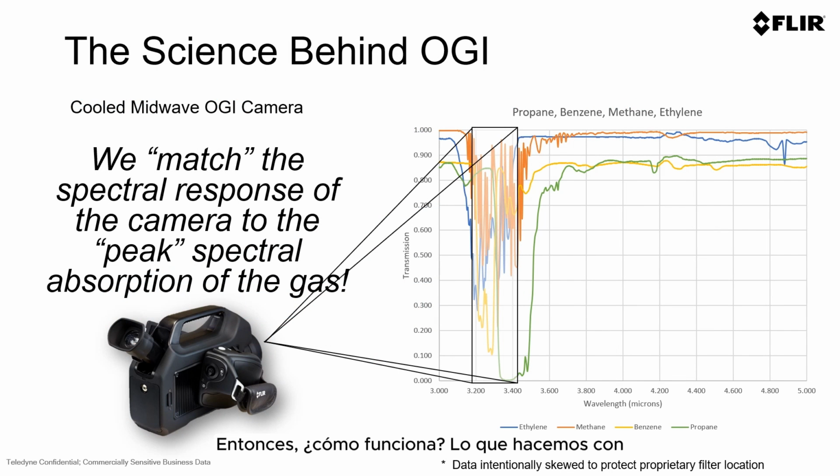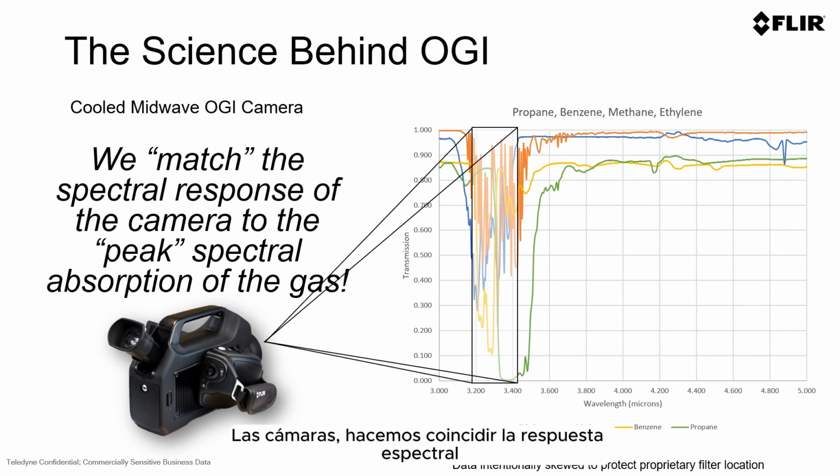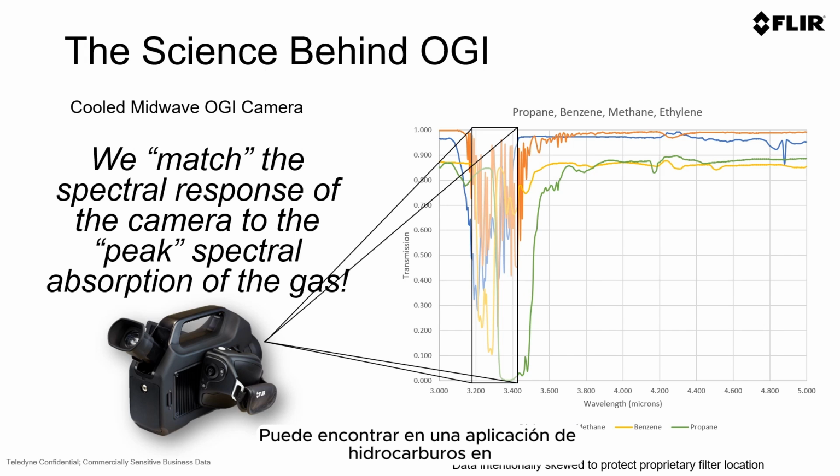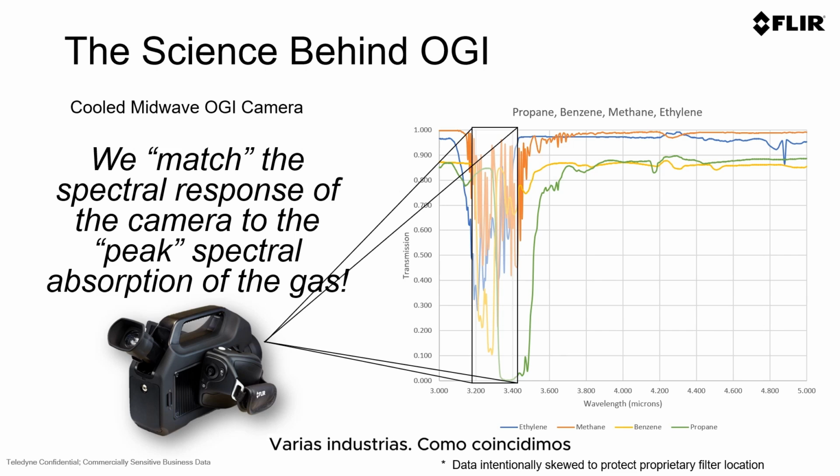So how does it work? What we do with the camera is we match the spectral response of the camera to the peak spectral absorption of the gas of interest. In the graph on the right, you'll notice you have propane, benzene, methane, and ethylene, four gases that you may find in a hydrocarbon application in various industries.